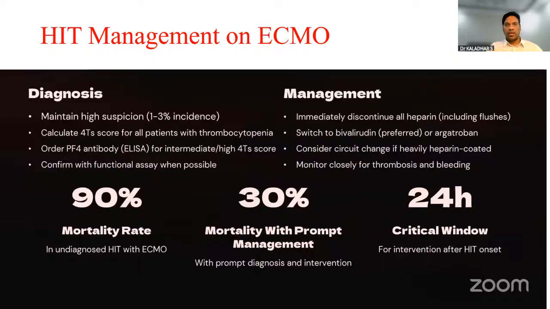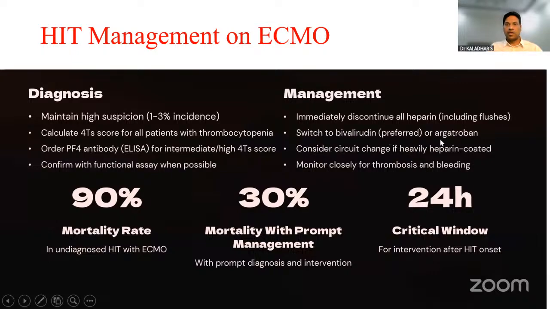So when we suspect HIT in an ECMO patient, after looking at the clinical prediction rules, once we think so we have to immediately discontinue all heparin, even flushes should not be used, and switch to bivalirudin, which is most commonly what is available and what we use.